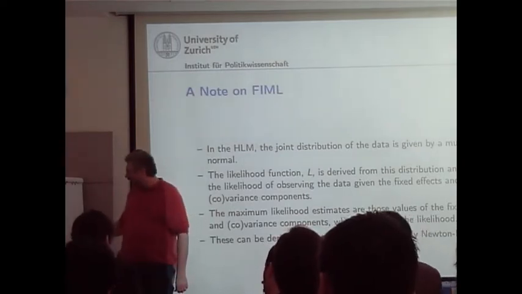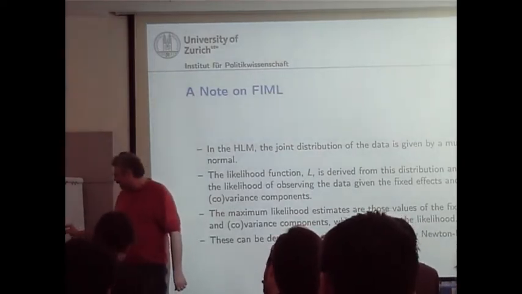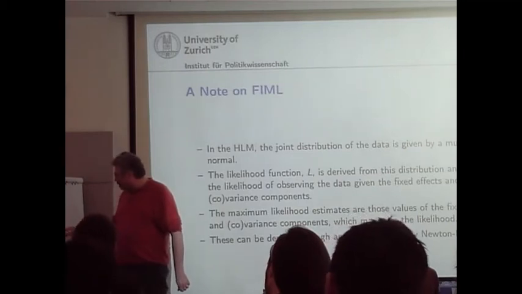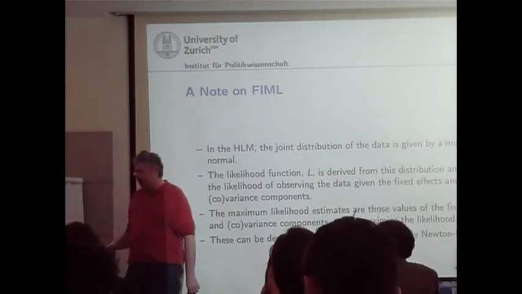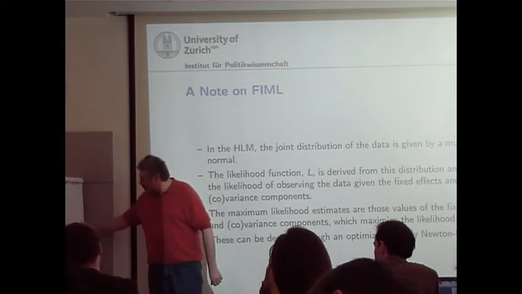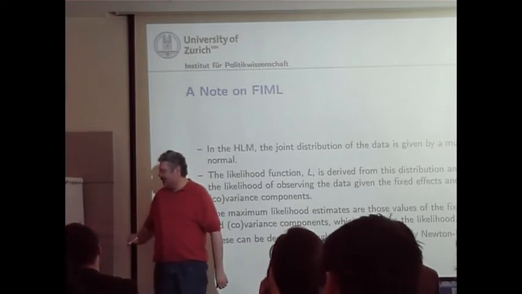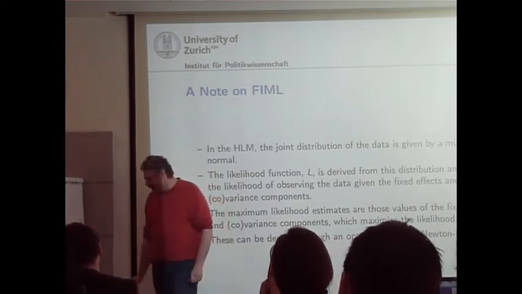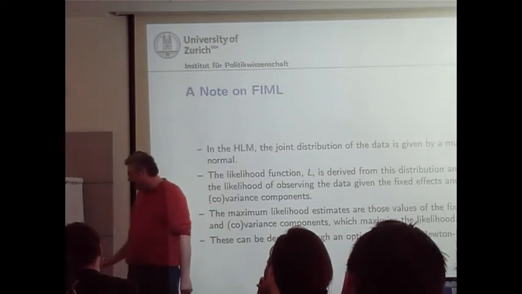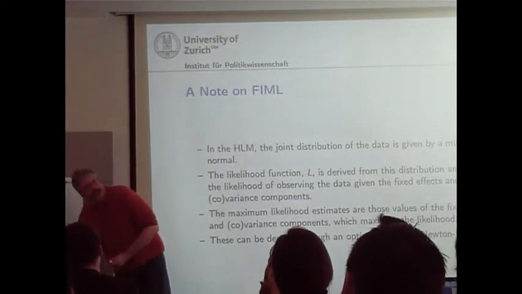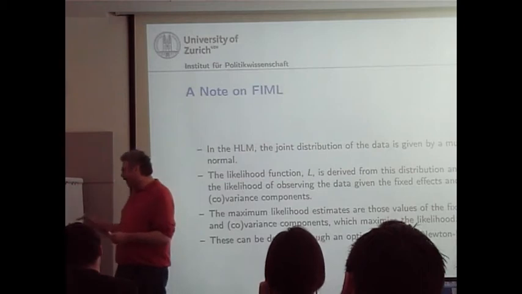But imagine that I have observations drawn from a normal distribution, and there are these observations here. And I tell you, well, there are two possible normal distributions that generated these.